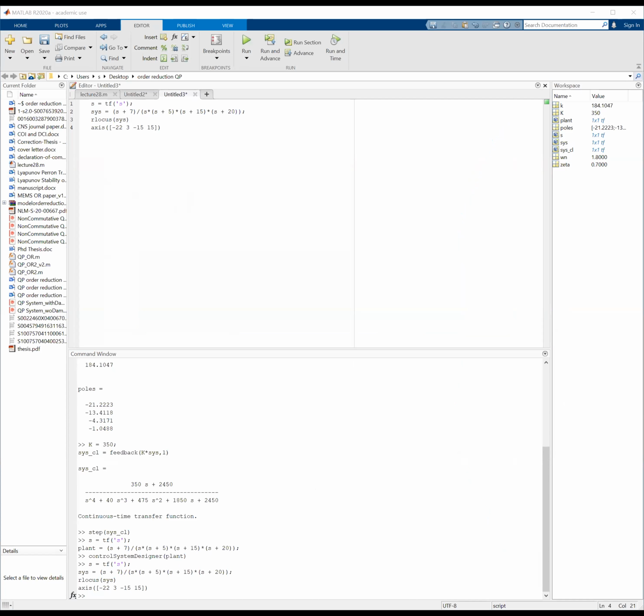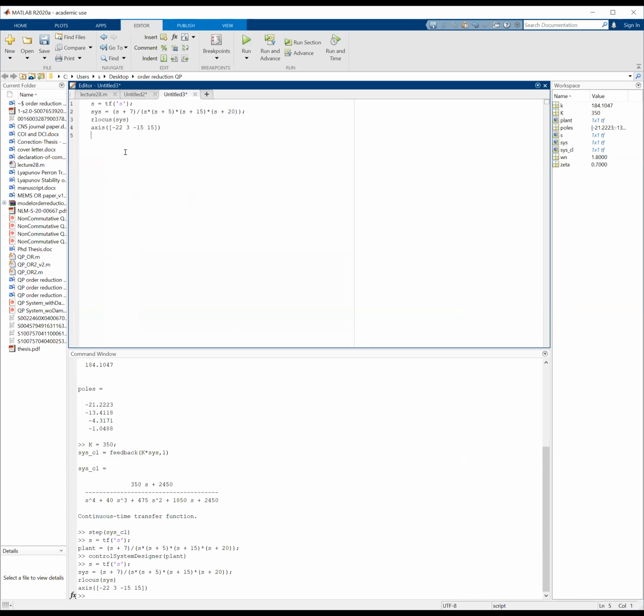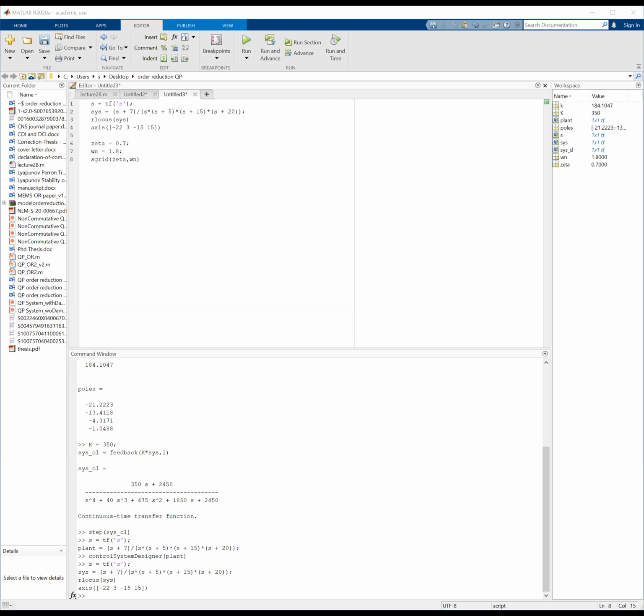The condition for overshoot to be less than 5% is that the damping ratio should be greater than 0.7, and the natural frequency should be greater than 1.8.